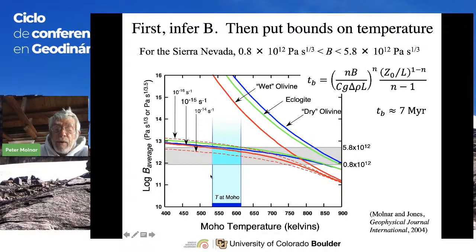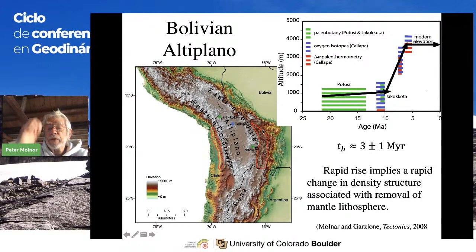And the temperature at the Moho could be as cold as 550 to 600 kelvins. We're in this very cold region. We can turn this around and solve for B. And let me do this with a simpler example from the Eastern Cordillera of Bolivia, down in here, where really nice work by Carmala Garzione has shown that this region rose rather abruptly.